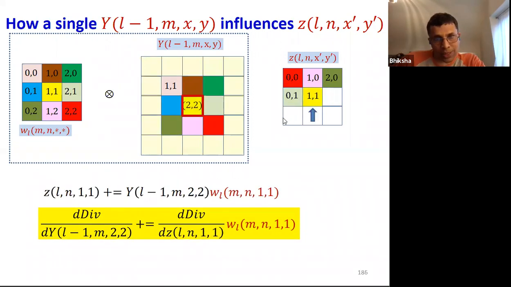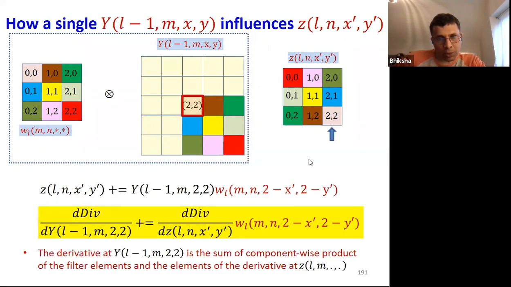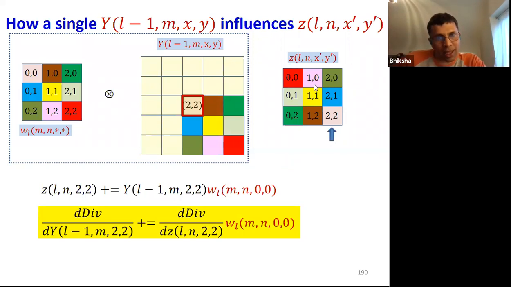And so I can go through this entire sequence, and this little picture shows you the full pattern of what sets of weights multiply the corresponding elements of the derivatives for z in contributing to the derivative at y22. So here's what happened. Look at the color pattern over here.